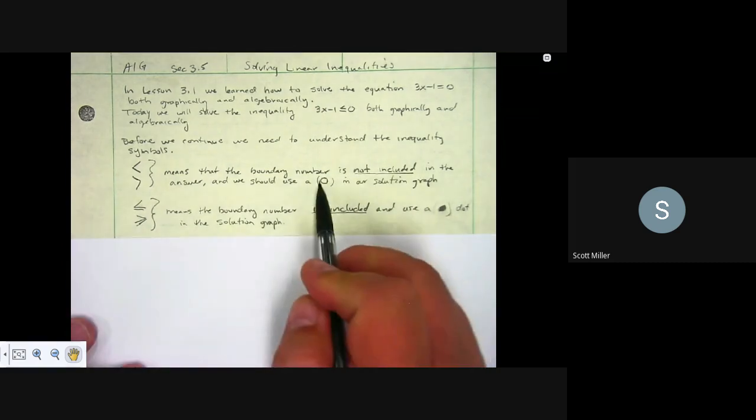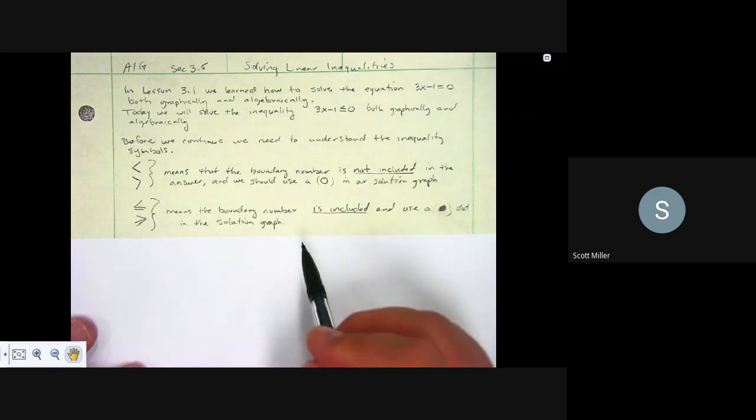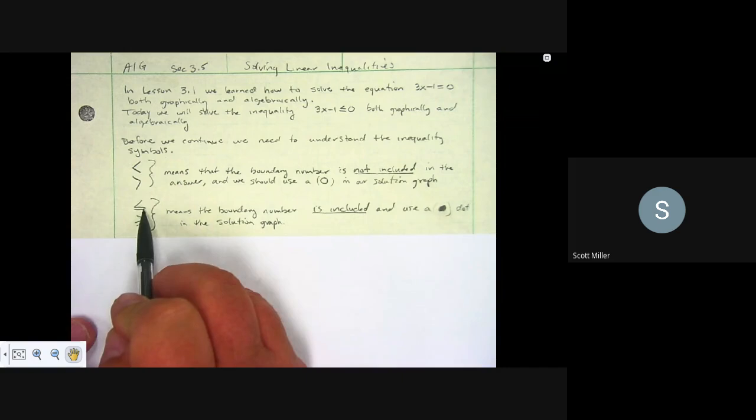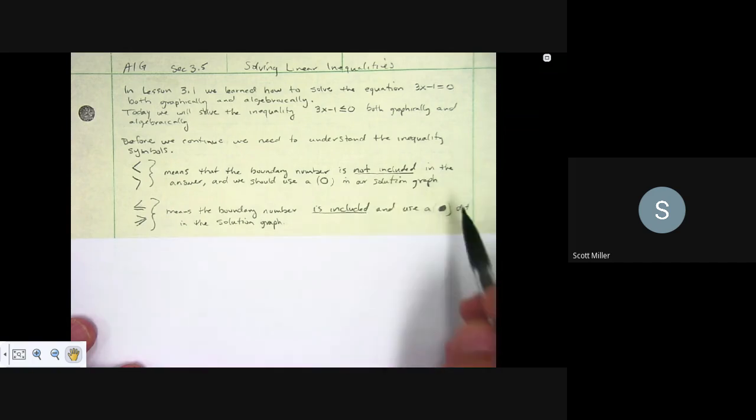An open circle means that the boundary point is not part of the answers. Whereas the less than or equal to symbol, or the greater than or equal to symbol, means that the boundary number is included, and we use a dot in our solution graph.